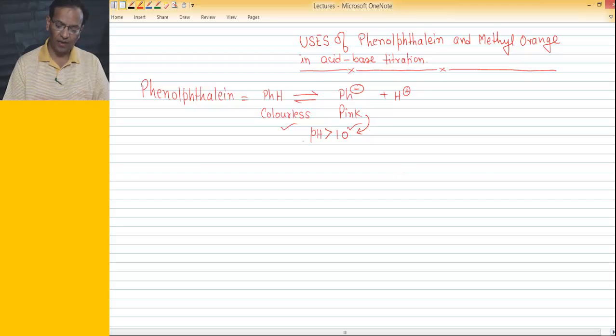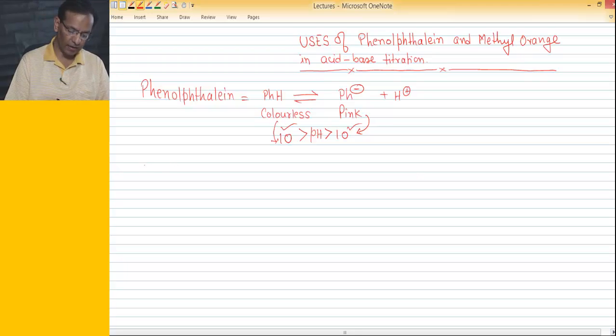But if pH is less than 10, although the solution is basic, phenolphthalein exists predominantly in unionized form and the solution remains colorless. So we can say that at pH above 10, phenolphthalein will have pink color, and at pH below 10, it will be colorless. So 10 is the transition pH for this phenolphthalein indicator.